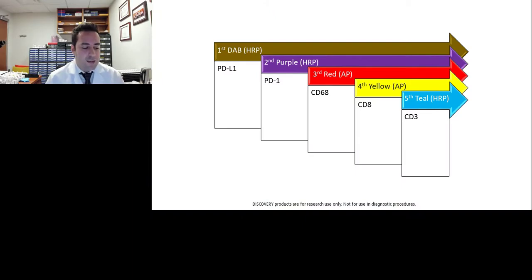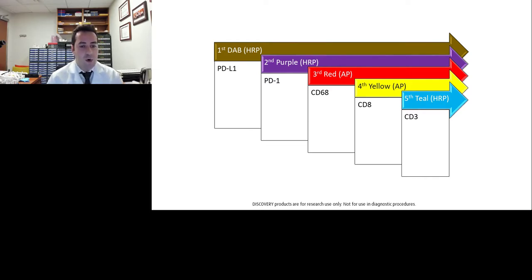Our 5-plex design consists of PD-L1, PD-1, CD68, CD8, and CD3 antibodies, and we combined AP-based red and yellow stains with HRP-based DAB, purple, and teal.